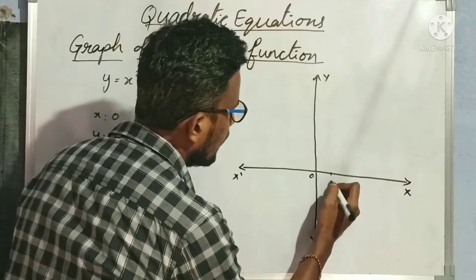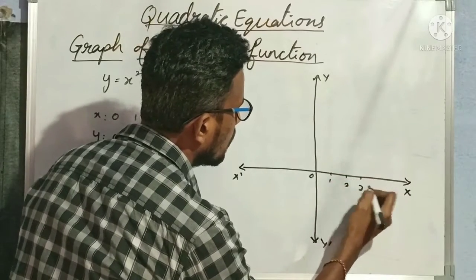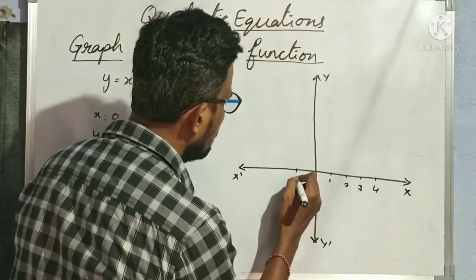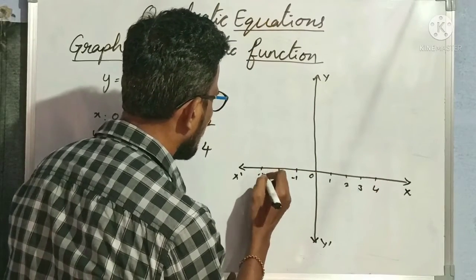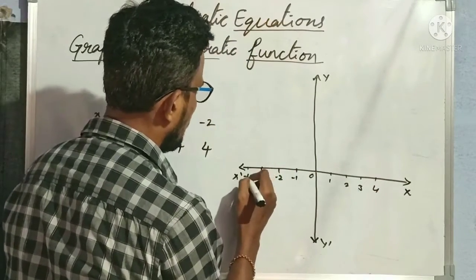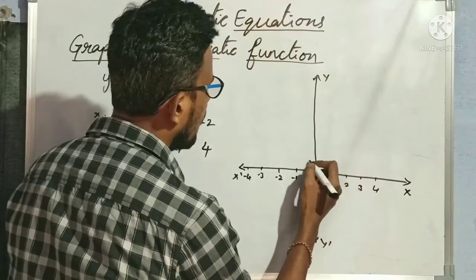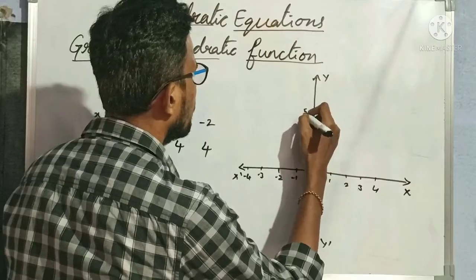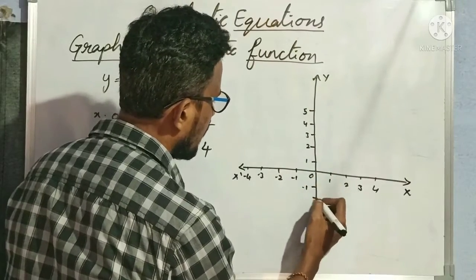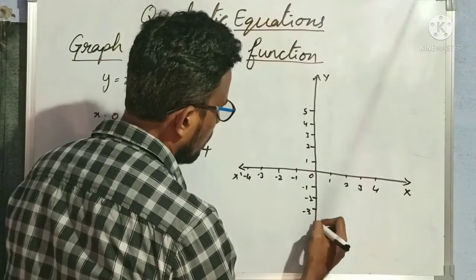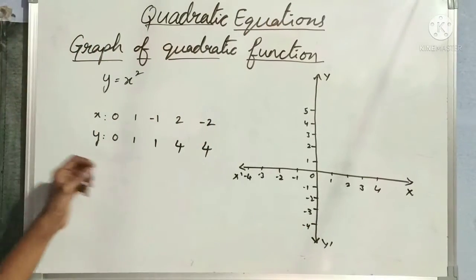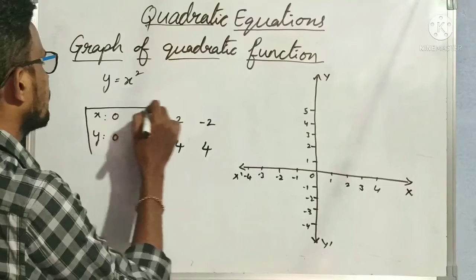So from here we'll get 1 2 3 4 and so on, and on the negative side minus 1 minus 2 minus 3 minus 4 and so on, and here also 1 2 3 4 5 and so on. Here also minus 1 minus 2 minus 3 minus 4 and so on.